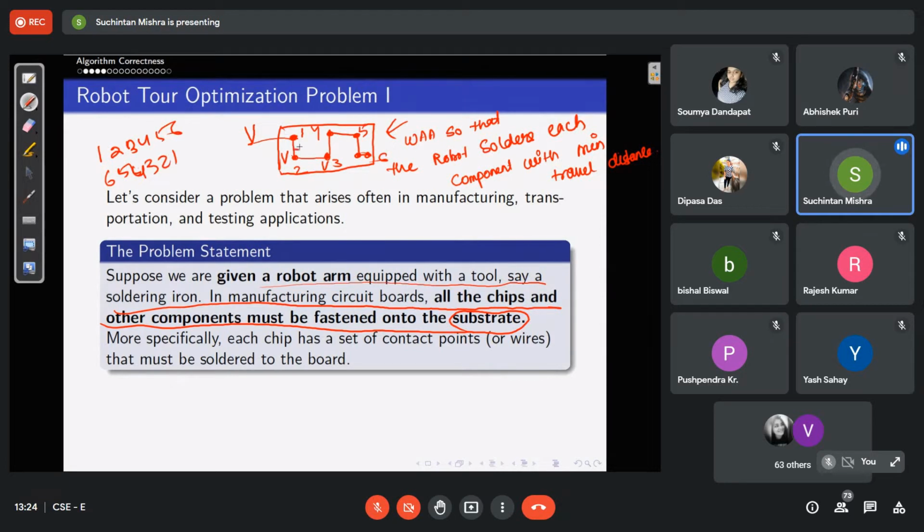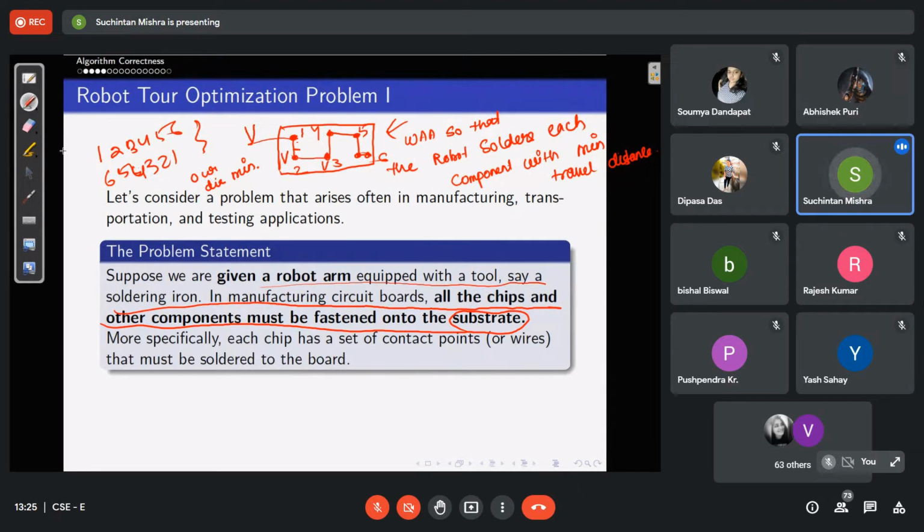And if this is the distance between 2 points, such that our distance is minimized, you have to find an algorithm that gives the sequence of points to be visited such that the distance traveled by the robotic arm is minimum.